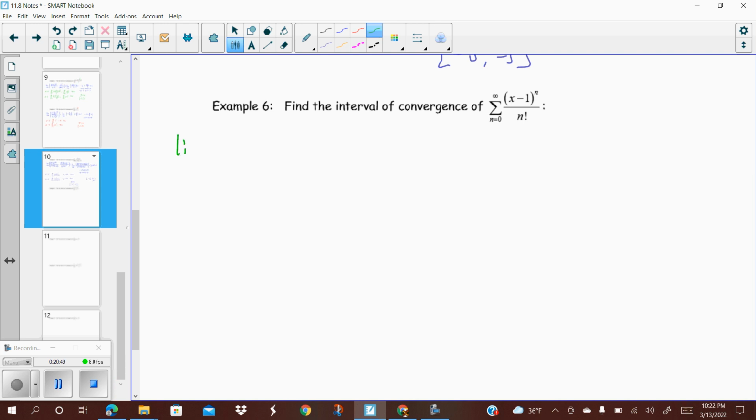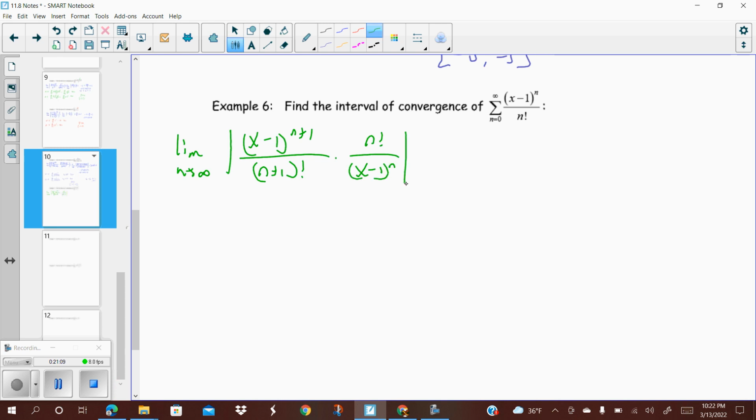So we'll take the limit as n goes to infinity of the absolute value of x minus 1 to the n plus 1 over n plus 1 factorial, times n factorial over x minus 1 to the n.